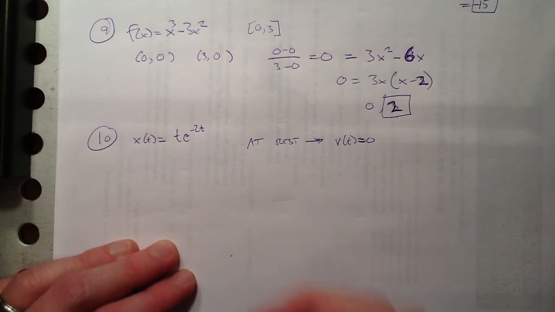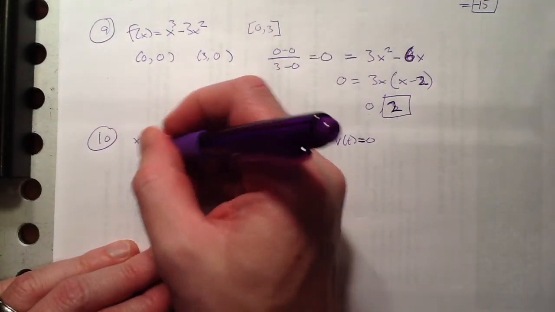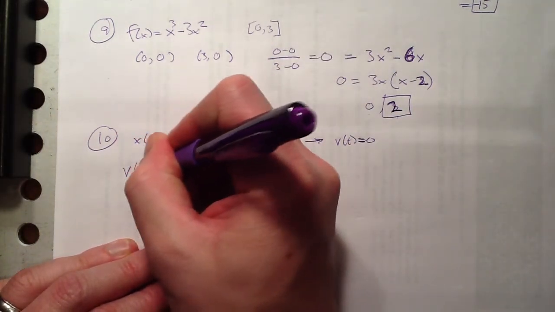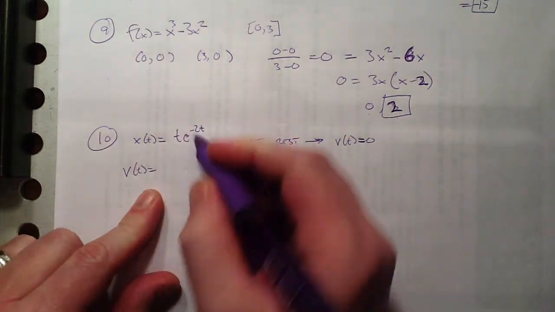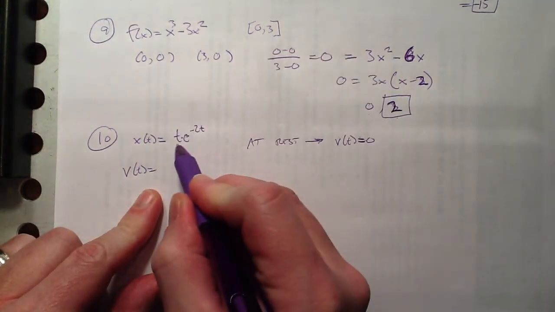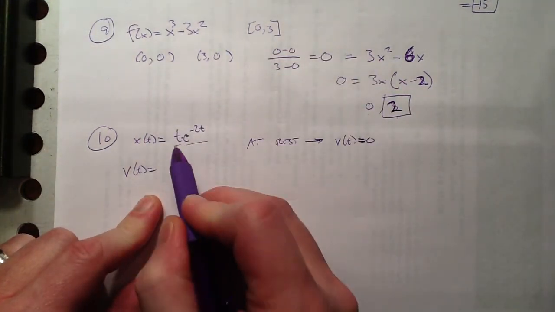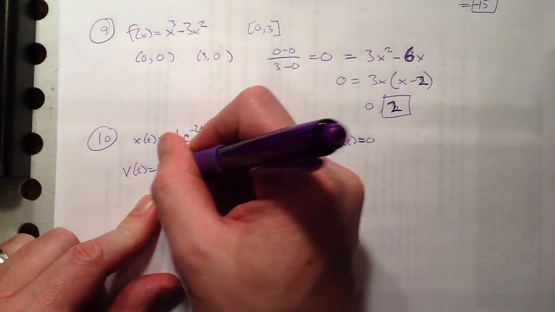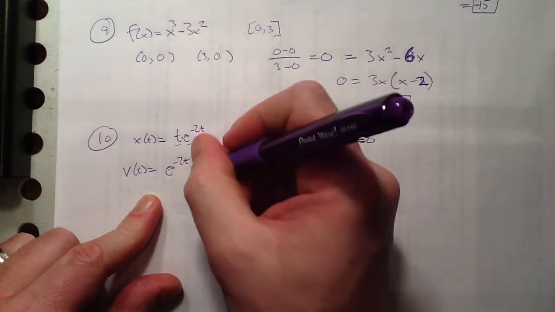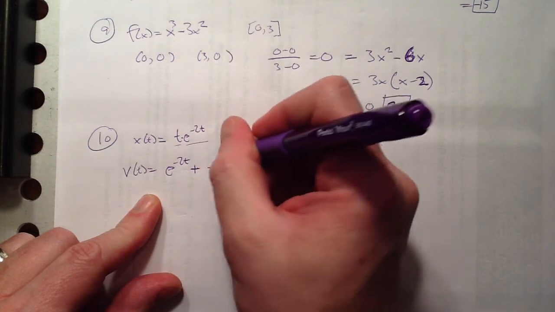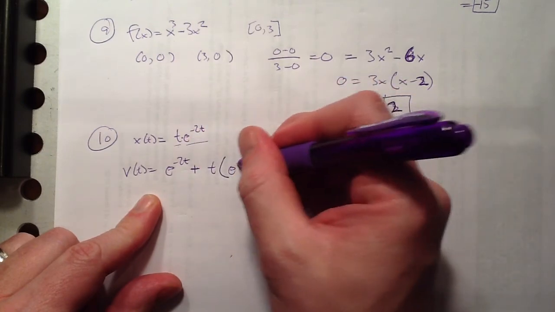So let's find the velocity and set it equal to 0. The velocity is the derivative of this. So, using the product rule, the chain rule, the derivative of the first is 1 times the second plus the first times the derivative of the second.